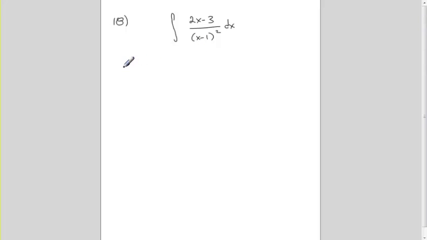And what we do when you have a repeating factor like this is you just write your expression slightly differently. So just like before, we would have some constant a divided by x minus 1, and then we have a constant b. But because we've already done this, we do it again. And so it'll be x minus 1, but we'll square it.